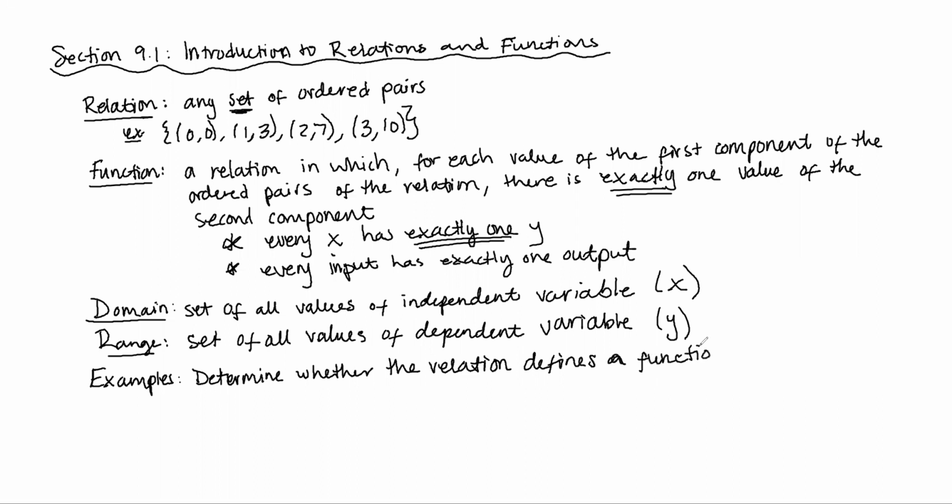We want to figure out if it's a function, so if it's functioning correctly, and then state the domain and range. We can always state the domain and range. It doesn't have to be a function.